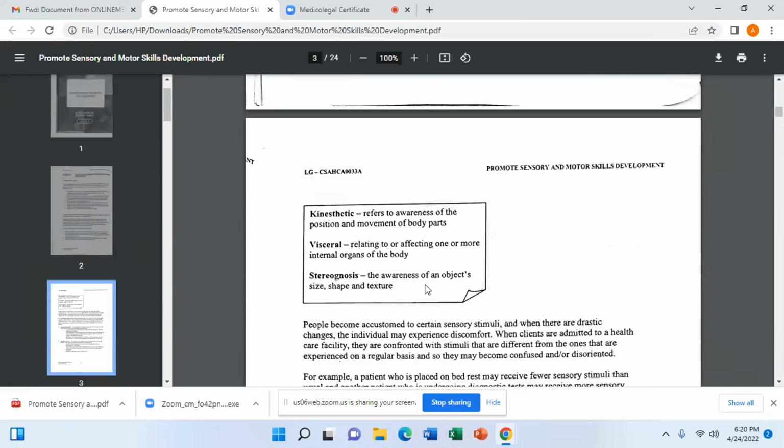And there are some terms here. Kinesthetic means it refers to awareness of the position and movement of the body parts. So, you know, some persons, they have a problem. They don't know that their foot is actually touching the ground, right? Versus some persons, they may actually have problems to know exactly where they are in space, right?